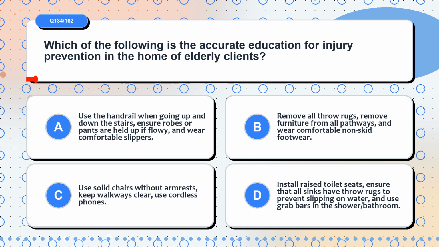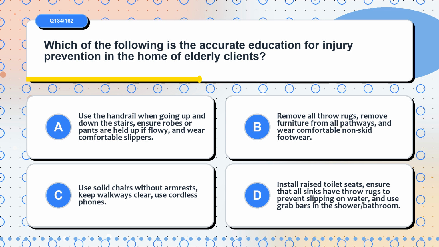Question 134. Which of the following is the accurate education for injury prevention in the home of elderly clients? Here are the options. Option A: use the handrail when going up and down the stairs, ensure robes or pants are held up if flowy, and wear comfortable slippers.